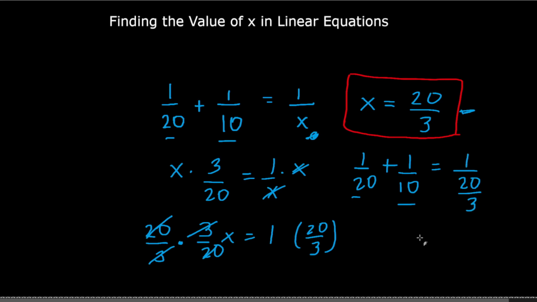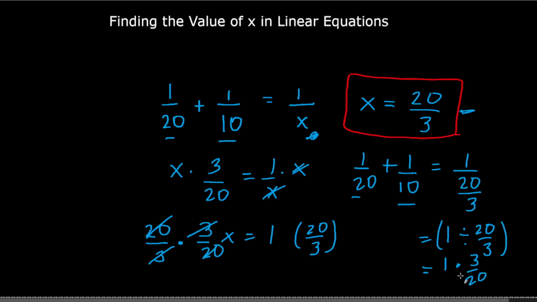Okay? So, note that, ang ibig sabihin ng 1 over 20 over 3 is just 1 divided by 20 over 3. Now, based sa rules ng pag-divide ng fractions, ang mangyayari niyan is 1 times, yung divide magiging multiply, and then hahanapin natin yung reciprocal nito, which is 3 over 20.